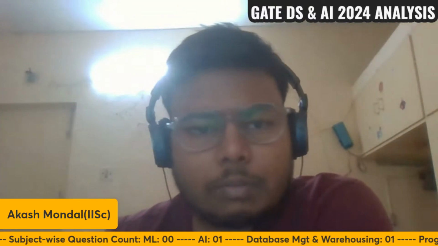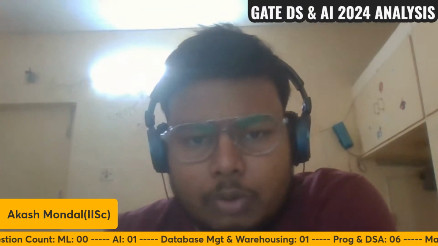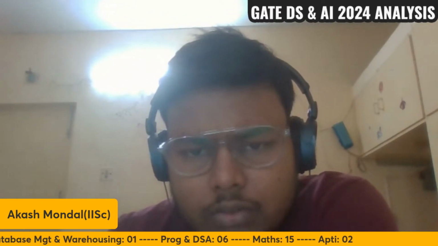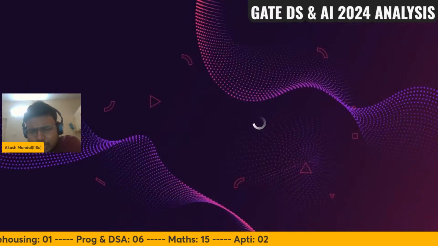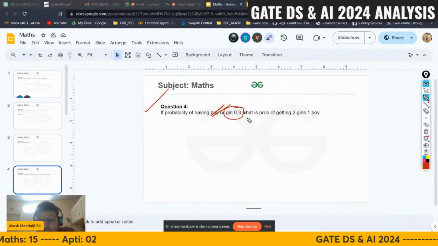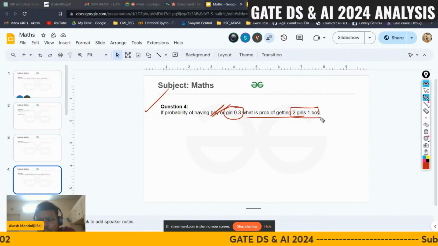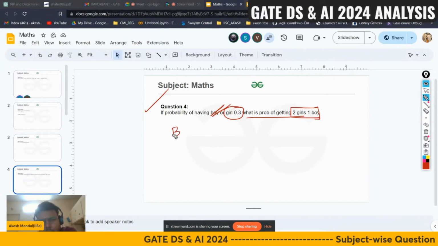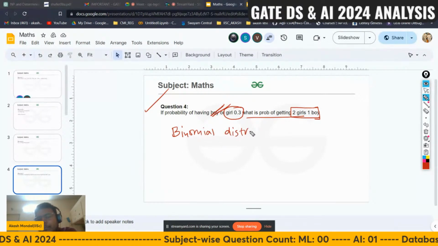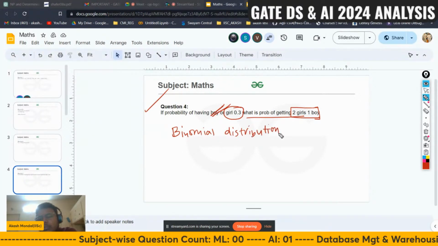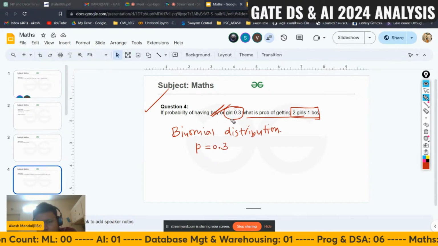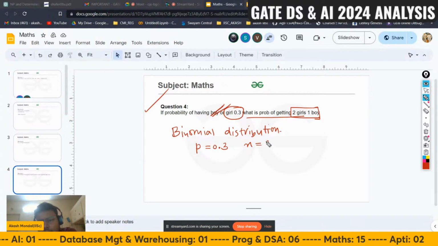I have this probability question. If the probability of having a girl is 0.3, what is the probability of getting two girls and one boy? This is a basic question of binomial distribution, where you can assume p equals 0.3, the probability of success or having a girl, and n equals 3.